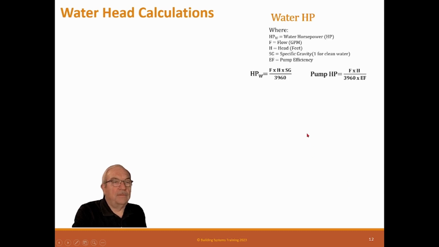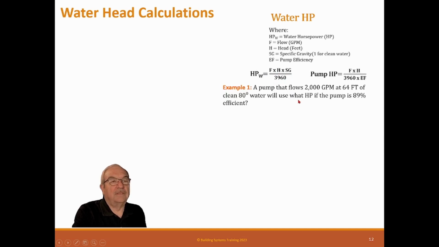Water horsepower. So here's the formula for horsepower equals flow times H times specific gravity divided by 3960. So a pump that flows 2,000 GPM at 64 foot of clean 80-degree water will use what horsepower if the pump is 89% efficient? So it's flow times H over 3960 times the efficiency.